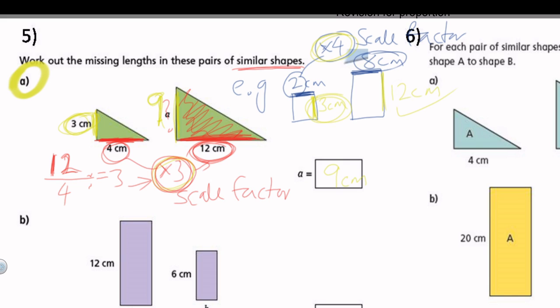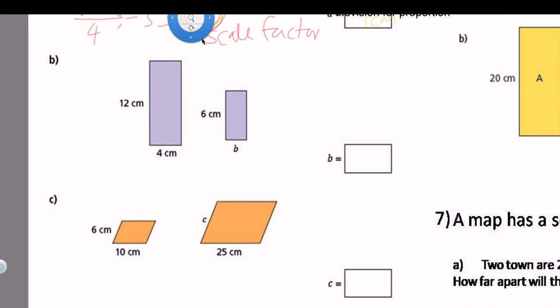Right, let's try another question. Right, two similar shapes again. I'm going to work out the scale factor. Right, the left hand side over here matches with the left hand side over here.